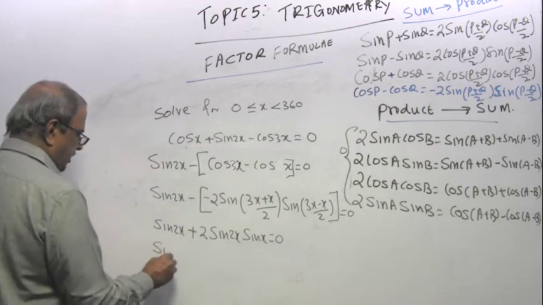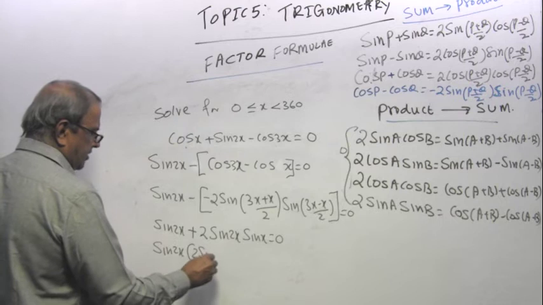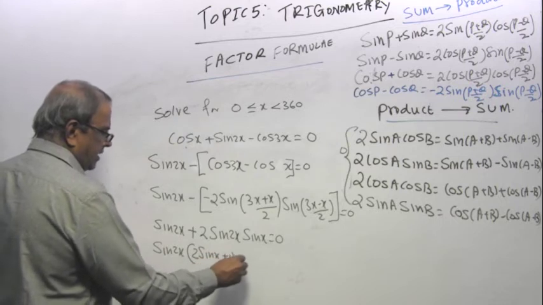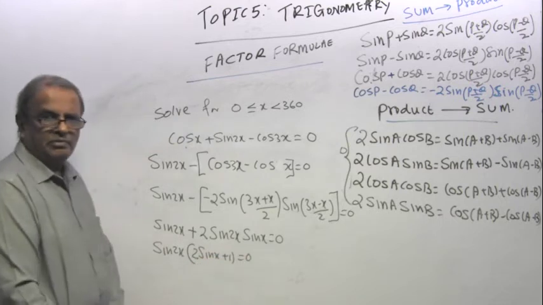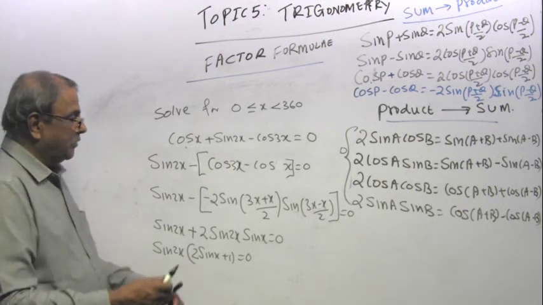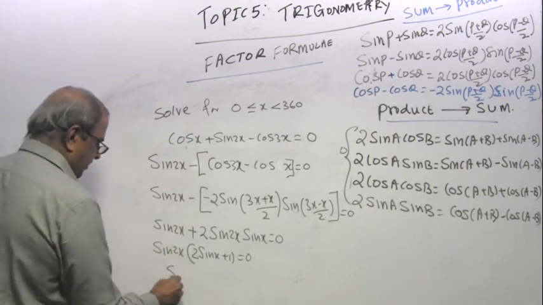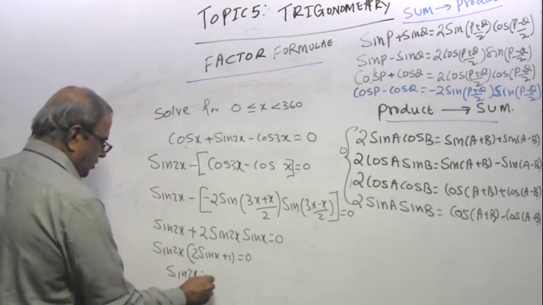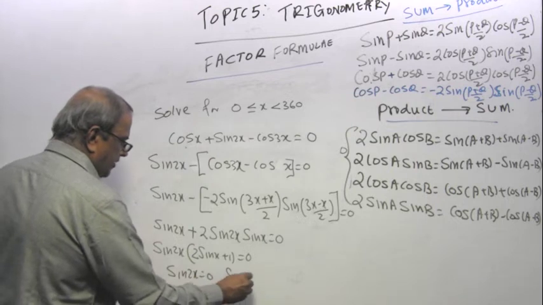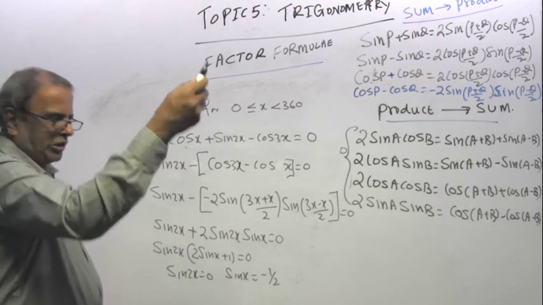I can remove sin 2x as common factor. I get sin 2x times 2 sin x plus 1 equal to 0. You see, by using sum to product, the moment a product is 0, it's easy to solve. So I can say sin 2x equal to 0, sin x equal to minus half. I will leave you to work out all those answers.